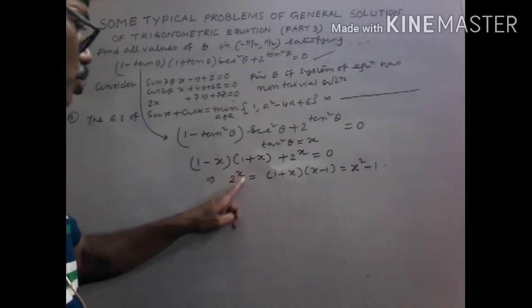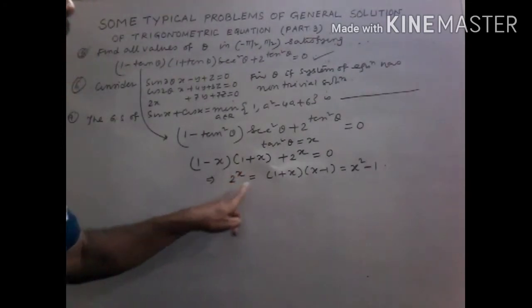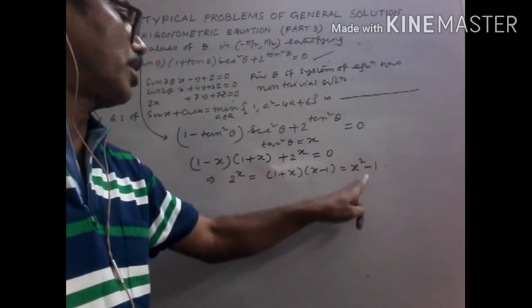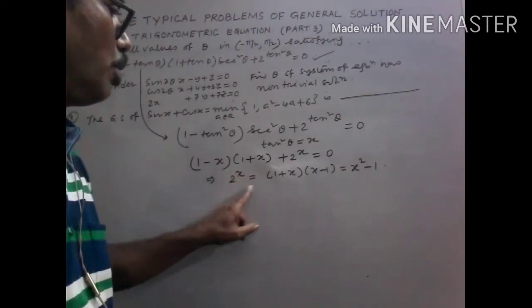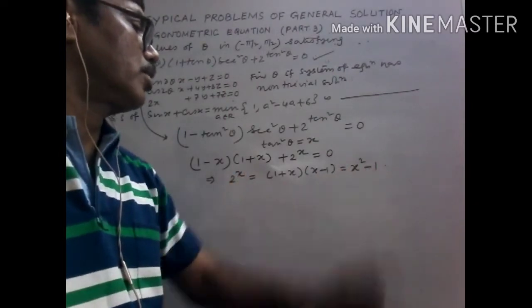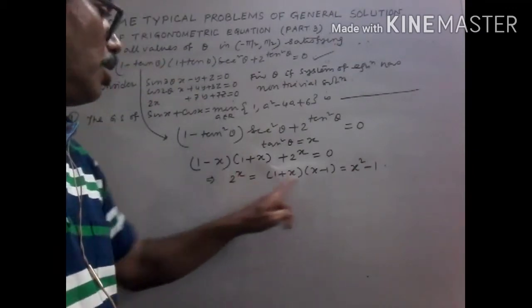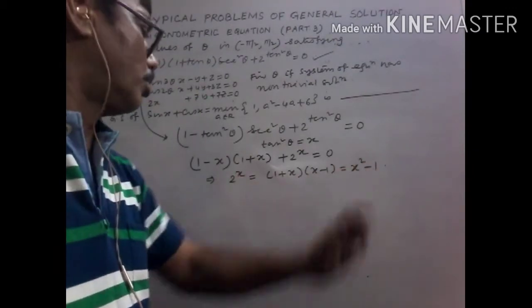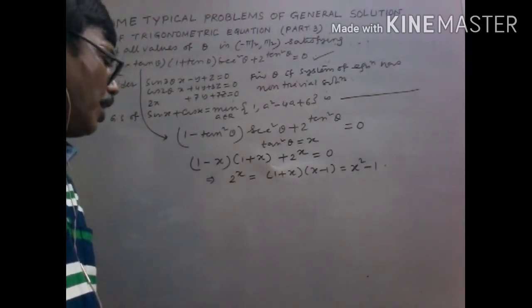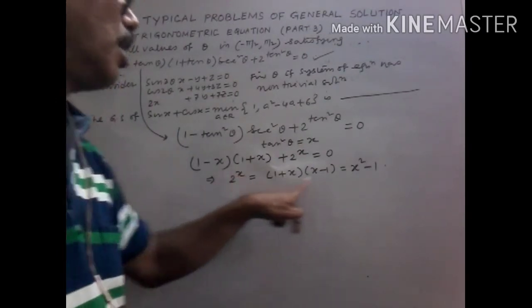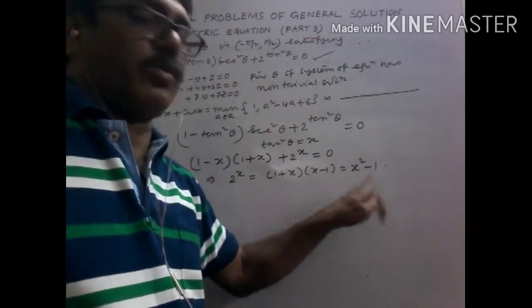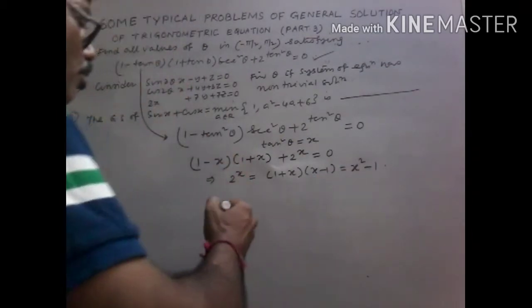So look, if we put x equals 1, this is 2 and this is 0, not satisfied. If we put x equals 2, this is 4, and 2 square minus 1 is 3, not satisfied. If we put x equals 3, 2 to the power 3 is 8, and 3 square is 9 minus 1 equals 8.